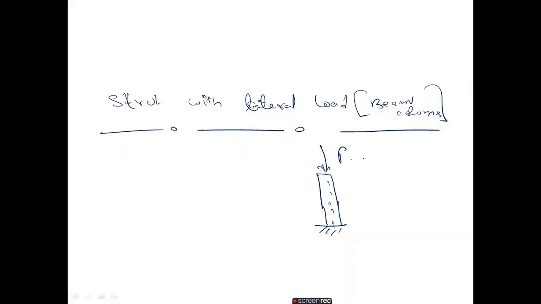This is nothing but an axial compressive load. This type we call a column, and columns are subjected to only axial compressive load.